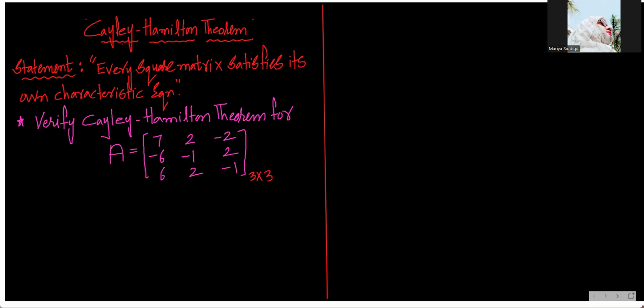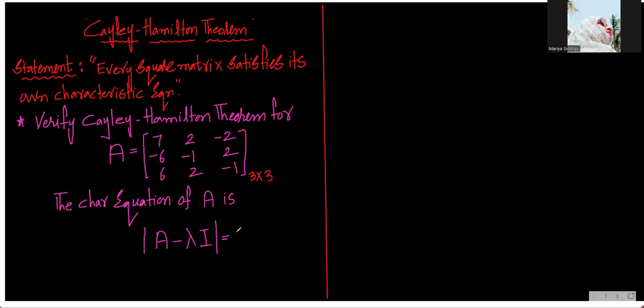So the work will start from here. The characteristic equation. Yesterday also we did the characteristic equation, right? We get some lambda values. The characteristic equation of capital A is this one: A minus lambda I equals 0.